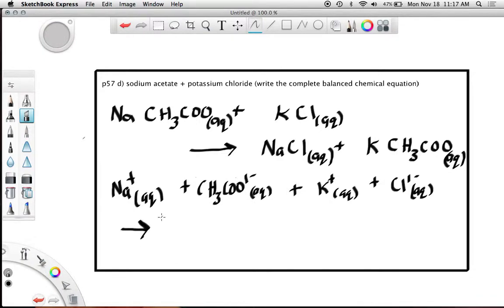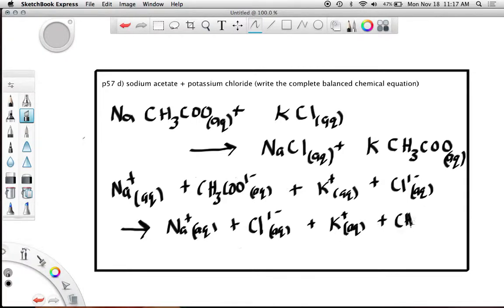And if I look at the product side as well, well, sodium chloride is aqueous, and so sodium is aqueous plus, oh, sorry, it's with chlorine now. Chlorine, which is aqueous, plus potassium, which is aqueous, plus acetate, which is aqueous.